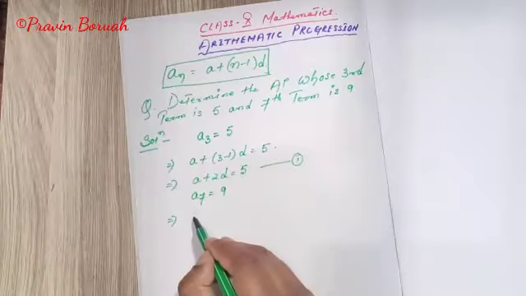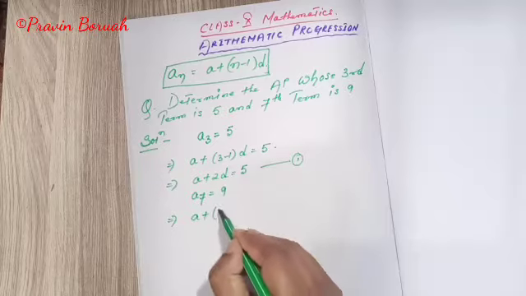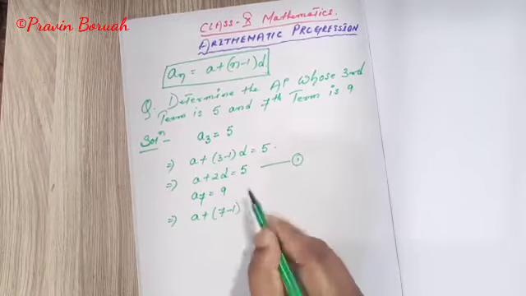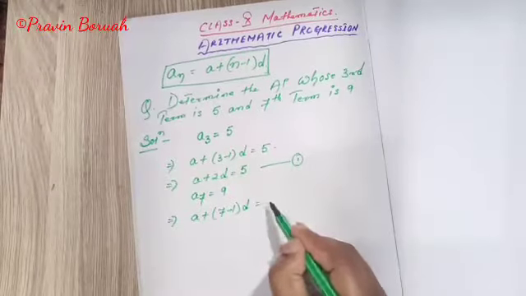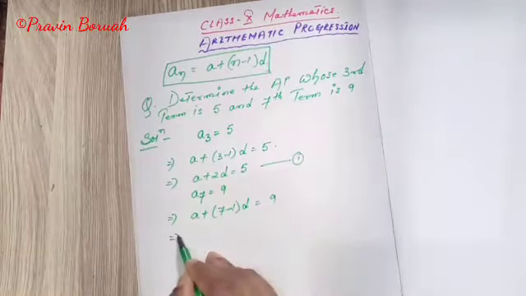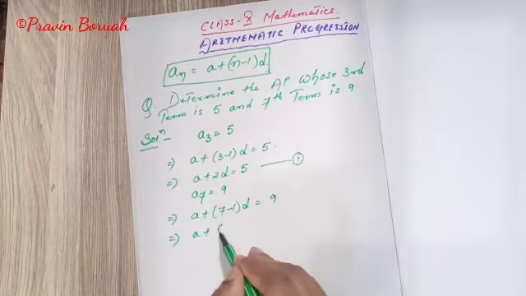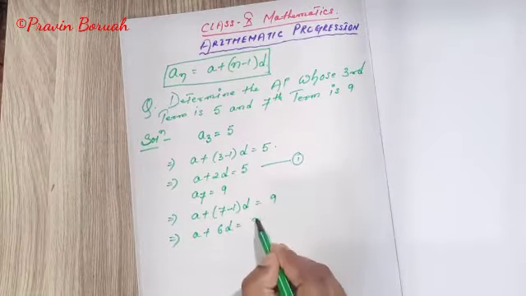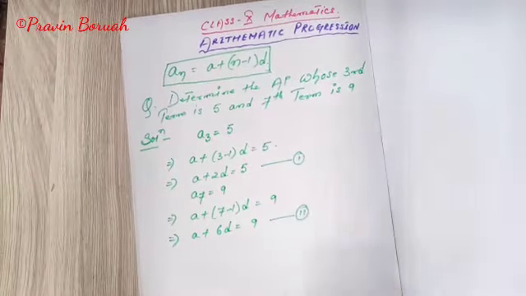A is a only, n is 7, so 7 minus 1 d. D we don't know, so we write d only. It is equal to 9. So it implies a plus 7 minus 1, that is 6, 6d is equal to 9. So now this becomes two equations.